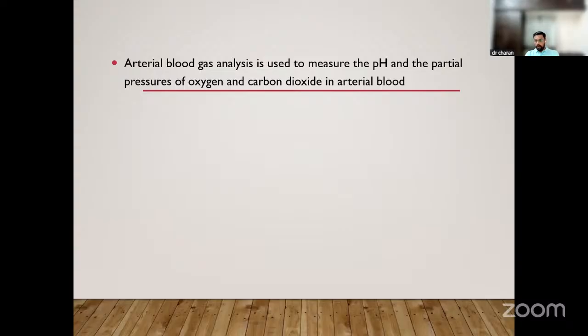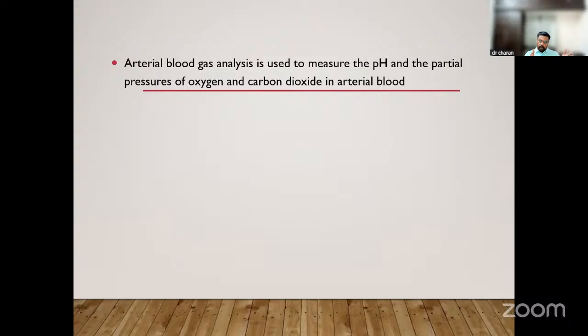As we all know, the normal pH of a patient's blood should be around 7.4, that is 7.35 to 7.45. That is the pH at which most of our metabolic and catabolic activities take place, and all the organs will work properly only in that range of pH.